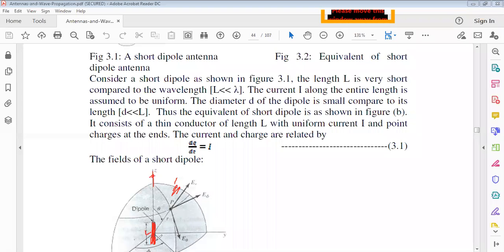There exists a change in charge with respect to time: acceleration and retardation, and movement of electrons at different times, giving a change in charge dq. The rate of change of charge is current, as you already know. From that, the current passing through this dipole is defined: dq by dt equals I.